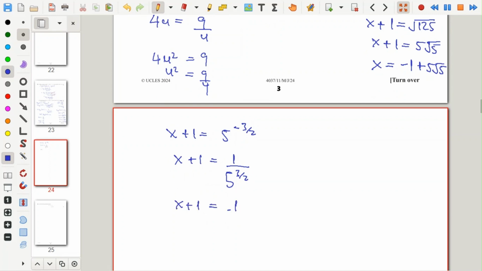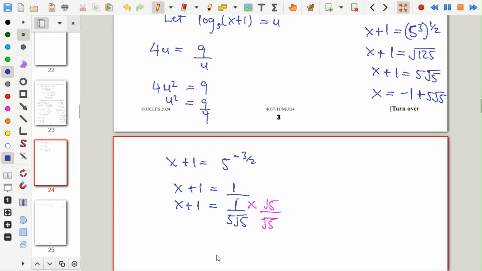So this is the same thing that we had here, root 5. And you have to apply a little bit of maths here. You learned how to rationalize your denominator. You multiply the numerator and denominator by root 5.